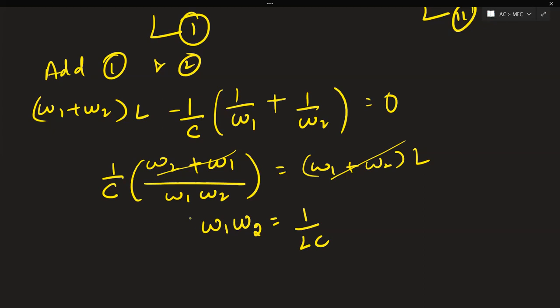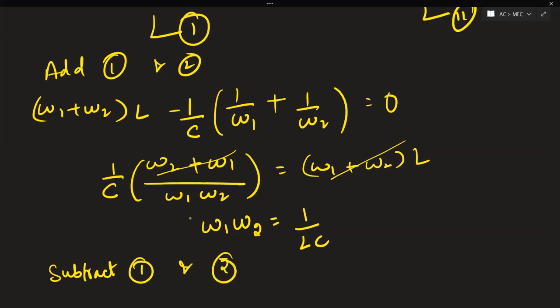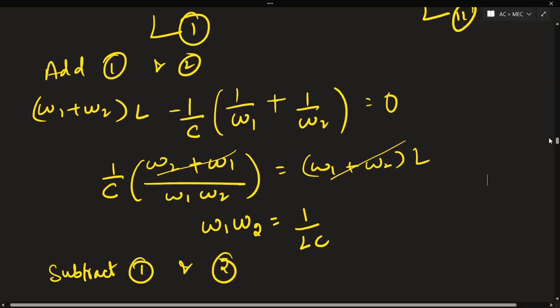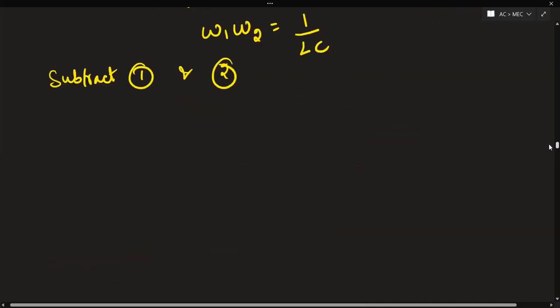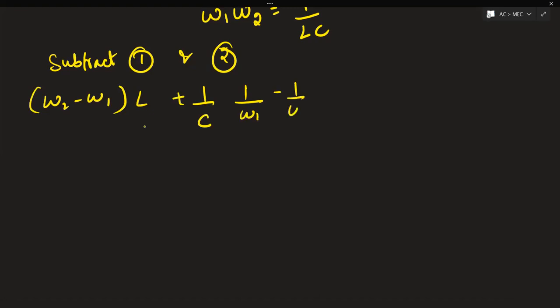Now, if I subtract these two, 1 and 2, wherever I was getting plus, I'll be getting minus. So this becomes omega 2 minus omega 1 times L, plus 1 by C, and this will be 1 by omega 1 minus 1 by omega 2.